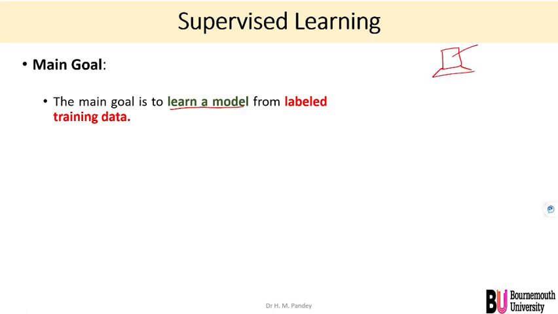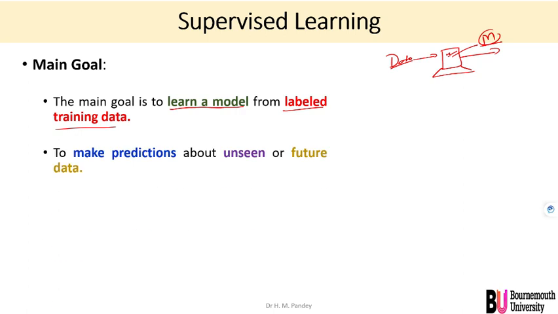and this model will run in this machine. Data will be provided as an input. Your model will process the data and predict something based on the labels. So you are going to use labeled training data to make predictions. If an image is there and this image is of a dog, you are not going to tell the machine the image is of a dog.